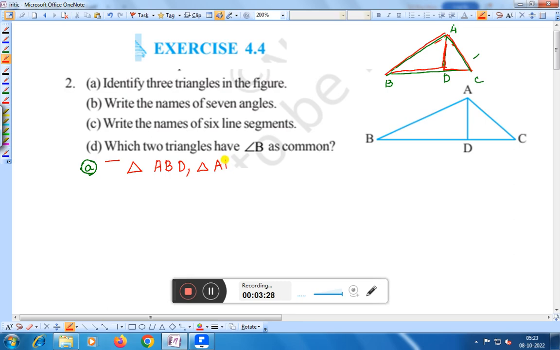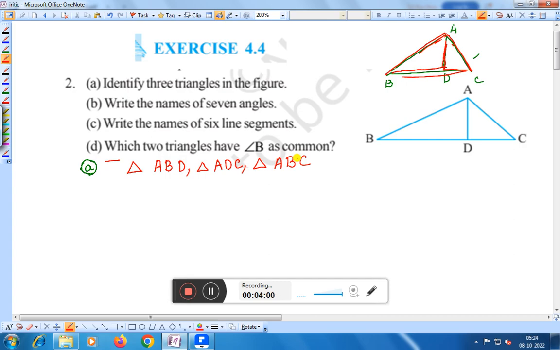Another triangle is the bigger one, that is this triangle A, B, C. The other triangle is triangle ABC. There are three triangles: triangle ABD, triangle ADC, and triangle ABC, the bigger one.